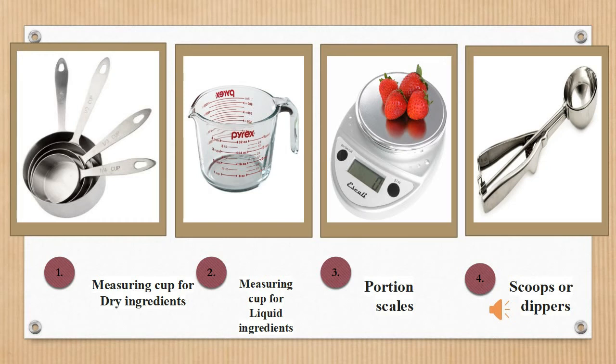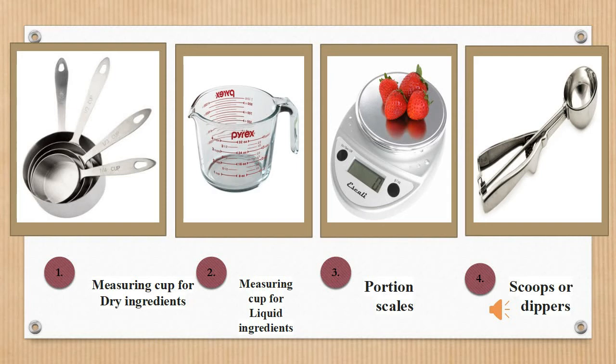Number 2, measuring cup for liquid ingredients, or also known as quart. It is used to measure liquid ingredients. Number 3, portion scales. A portion scales is used to measure portions of ingredients. And number 4, scoop or dippers.